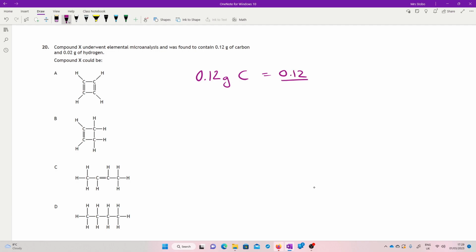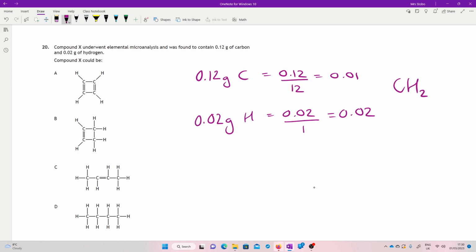So I'm going to take 0.12 and divide it by 12 and get 0.01. Because what I've also got is 0.02 grams of hydrogen, and I need to again use my relative atomic mass, this time of hydrogen, so that I've got something I can compare it to. So 0.01 and 0.02 is a really nice simple ratio. That means the empirical formula for this is CH2.